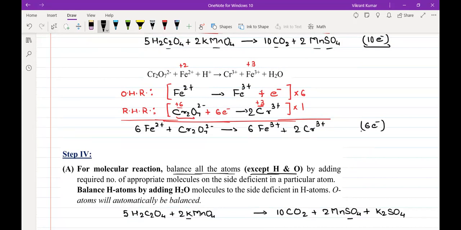Is it okay? Yes. Everyone? Now, potassium is also balanced, carbon balanced, Mn balanced, potassium balanced. Right side में sulfur कितने? 3. 3 ना, 2 यहाँ आ गया और 1 यहाँ आ गया, 3. So for balancing sulfur, what is the source of sulfur on the left side in the reaction?